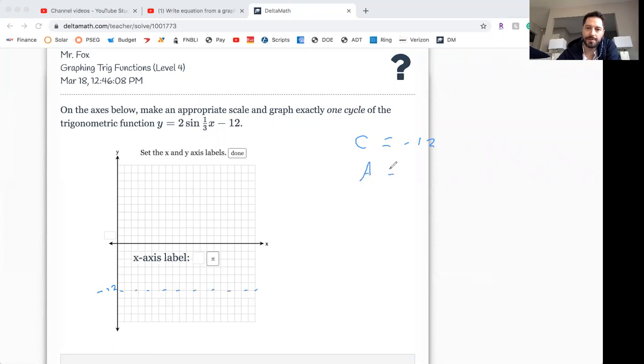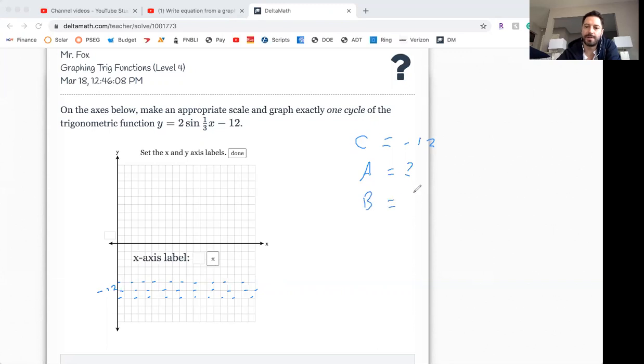Got an amplitude of 2. This looks like the type of problem where the scaling is the issue.